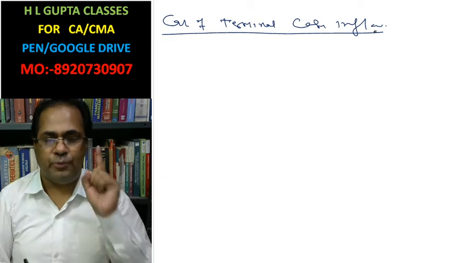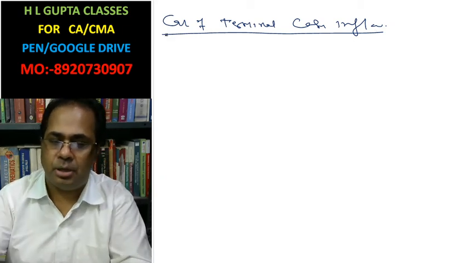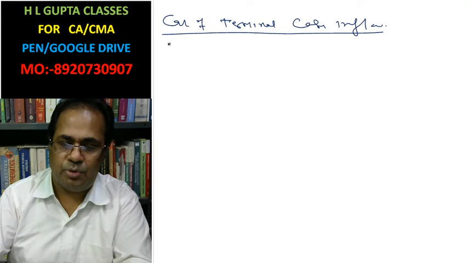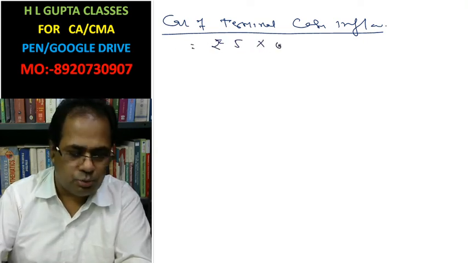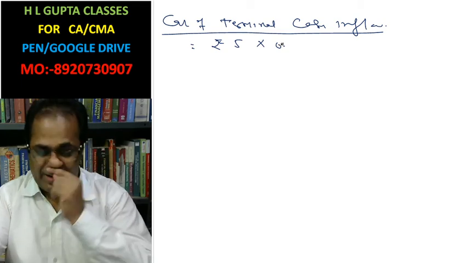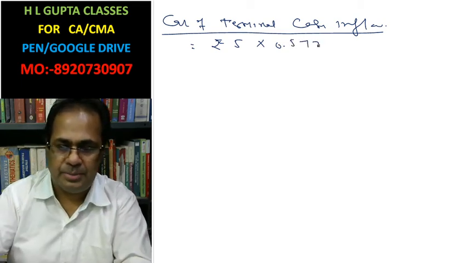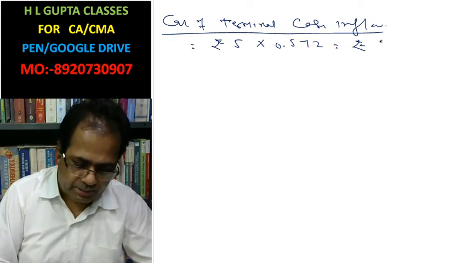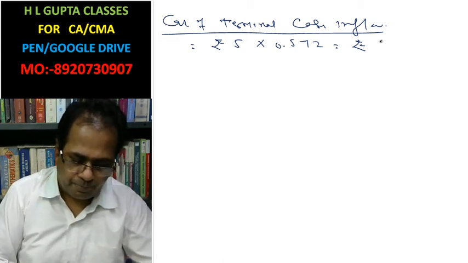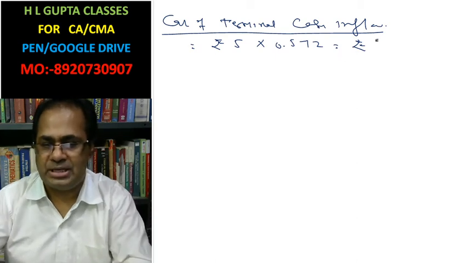It means only 5 lakh is a terminal cash inflow. The terminal cash inflow is rupees 5 lakh into 0.572, which is 2.86 lakh.